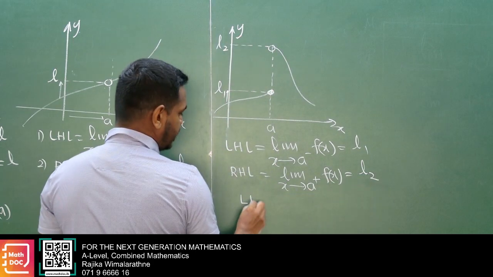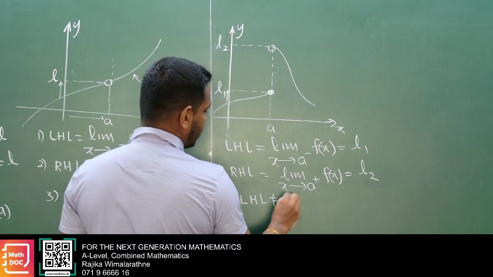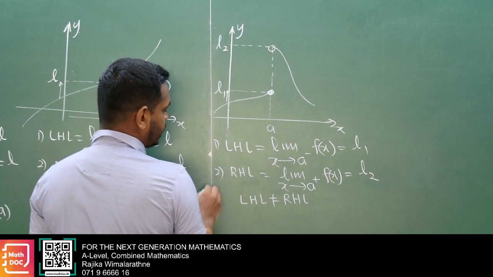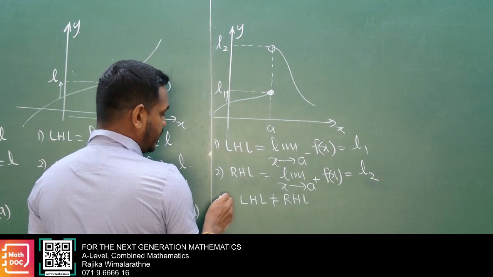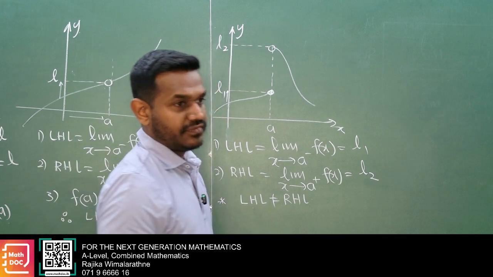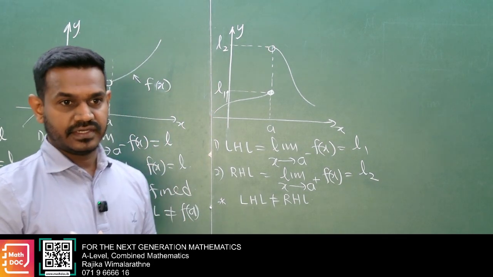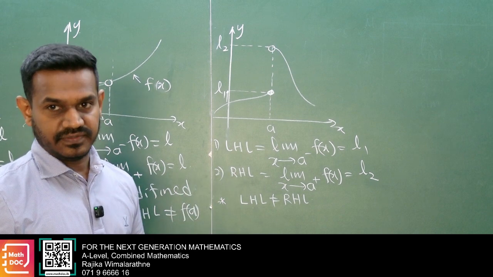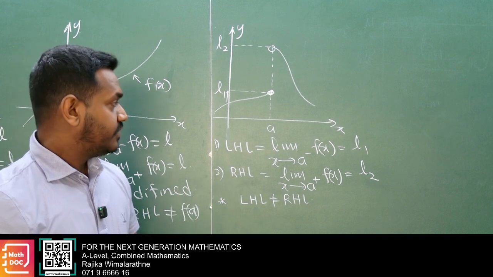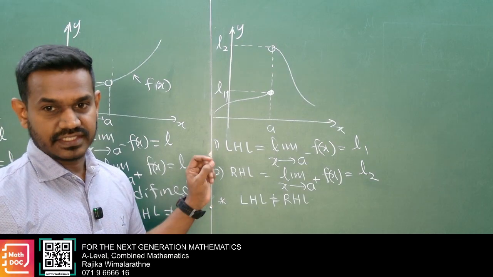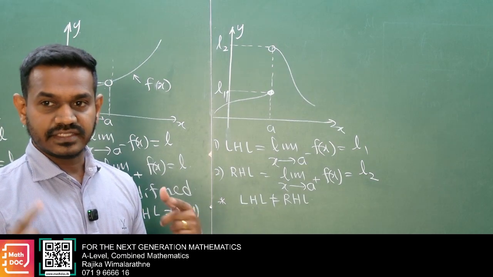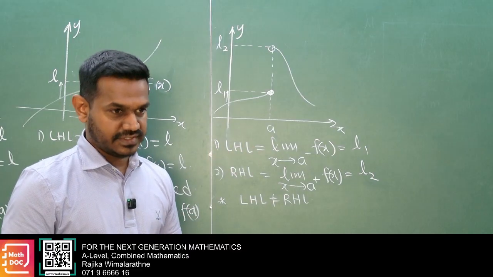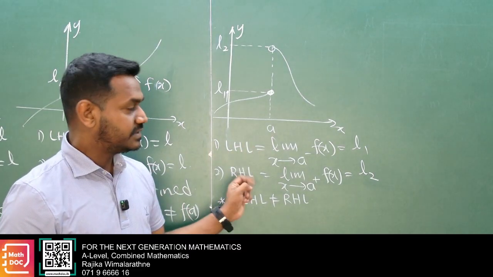Therefore, it breaks: left hand limit not equal right hand limit. No need to consider the other point. It breaks here. Left hand limit, right hand limit, two different. Therefore, we say the function doesn't exist a limit as x goes to a. And that is surely not continuous. If it breaks here, then definitely it won't be continuous. Write this.